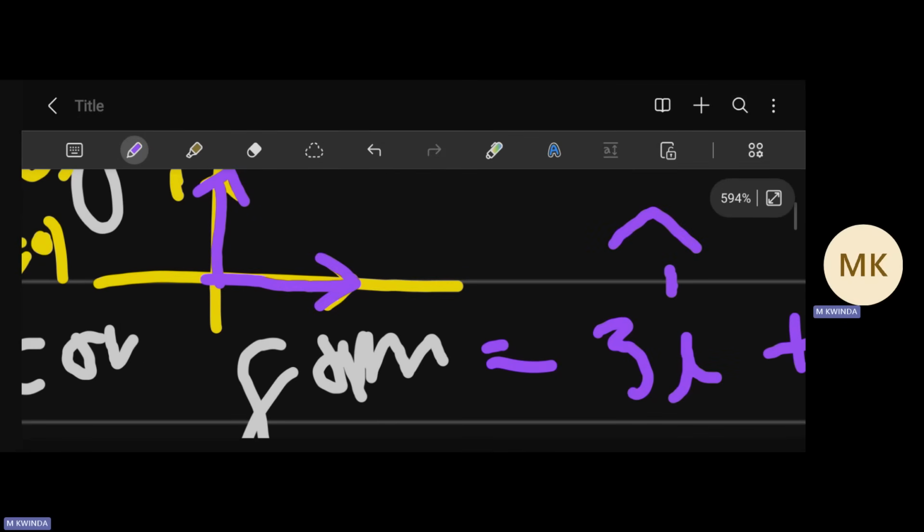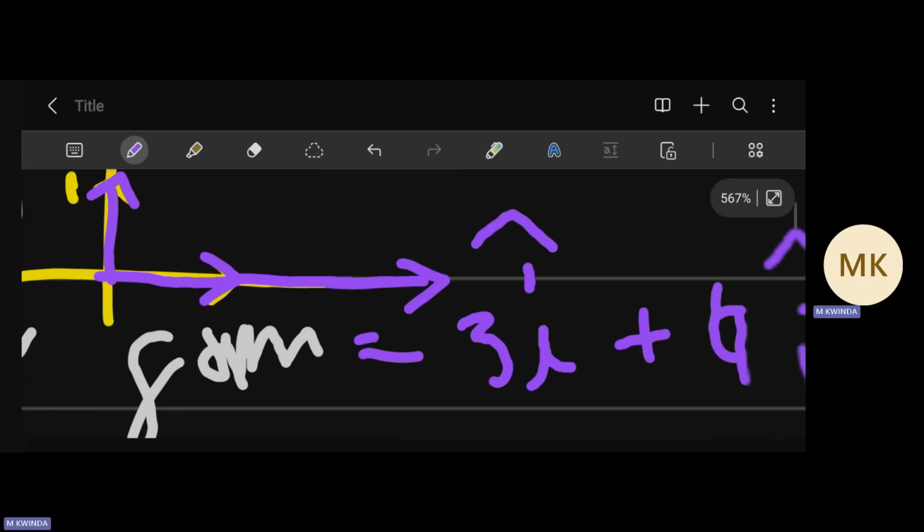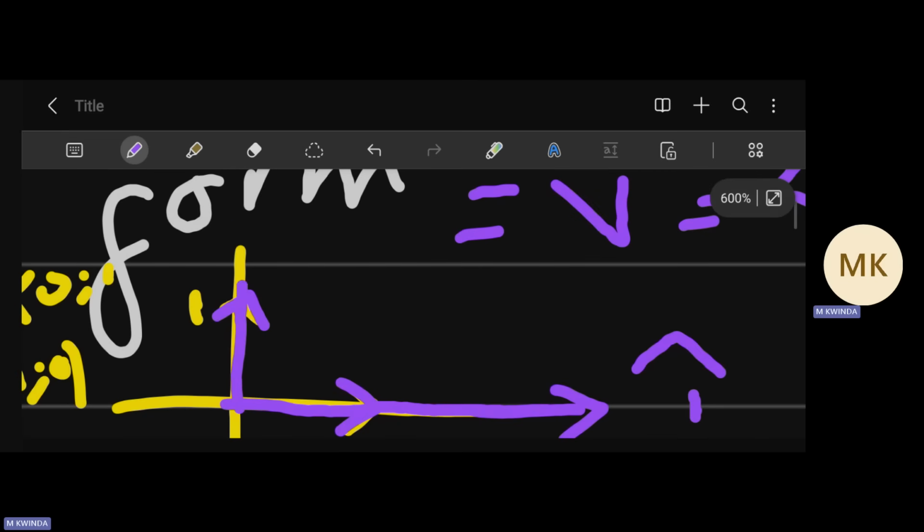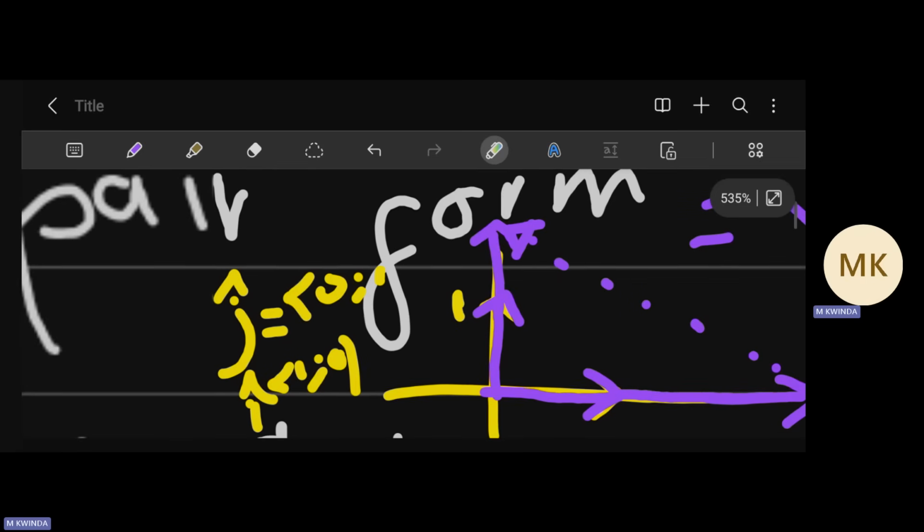If you look at this, i is being multiplied by 3, so you'd go 3 units extended, and then j is multiplied by 4, so you'd extend that up to 4 units, and your resultant vector would be there. Can you see why they're saying they start from the origin? That's because they're starting from where X is 0, and it's a positional vector.